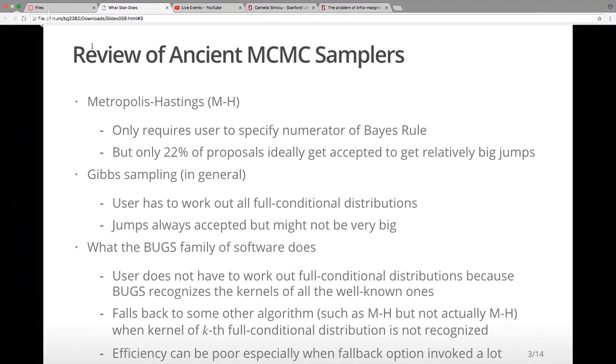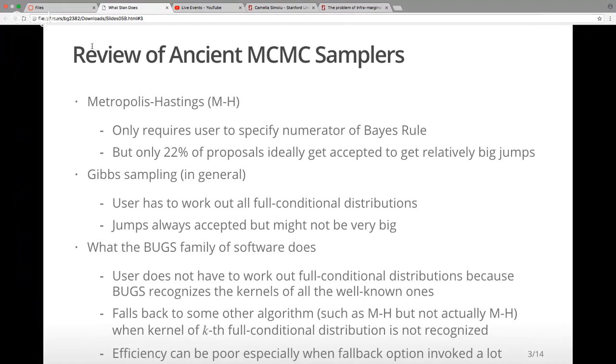And the real Achilles heel of Metropolis Hastings is that if you go beyond 2 parameters to like 3 or 4, the idea that you can sort of blindly jump in 4 dimensions simultaneously and land in a good place with respect to the posterior kernel gets smaller and smaller.